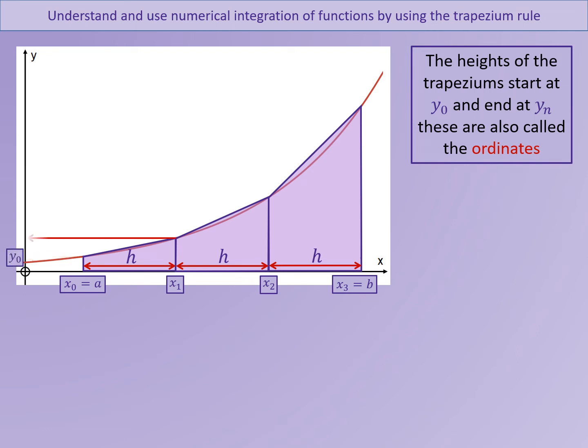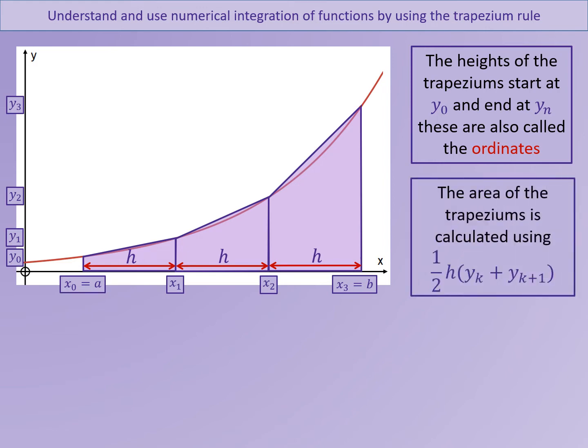The y values are going to be the heights of each of the sides of the trapeziums, and they correspond with the x values. So we call these ordinates. For example, y0 is the height of the trapezium at x0, then y1 is the height of the trapezium at x1, and so on up to yn. And if we knew these y values, then we could use the area of a trapezium formula, which is half of the sum of the parallel sides multiplied by the distance between.